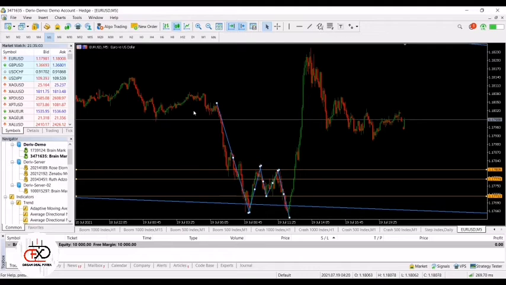But can a continuation, can a reversal, or can such a pattern happen based on current market condition and market structure? That's what we must also look at.